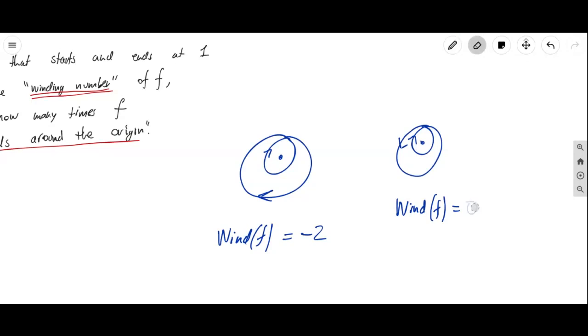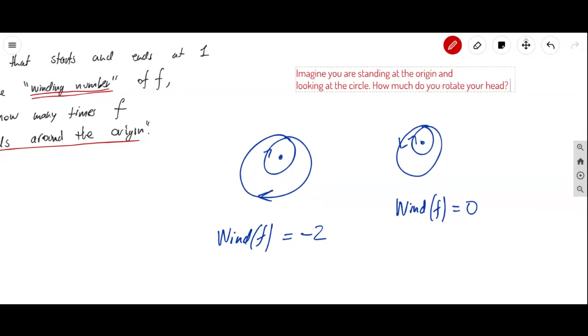Now, if you find it confusing, and you say, but you're going twice, that's true, you are going twice around it, but this is how you want to think of it. Imagine you are standing at the origin and looking at the curve. How much do you rotate your head?